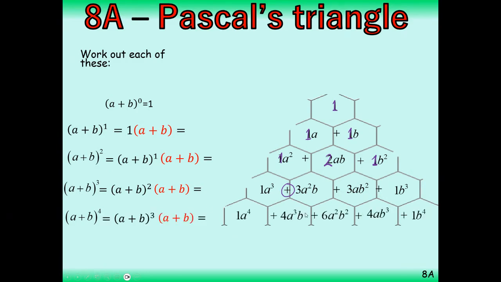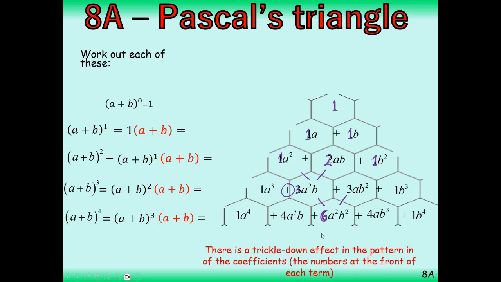Our work here is for you to understand that these coefficients match with the row above being added to each other. Why is it that this 1 and 2, the purple 1 and 2, add up to 3, and then this 3 and this 3 add up to 6? It's like a trickle-down effect, isn't it? If you understand what a trickle-down effect is, when raindrops drop into the lower layer one layer at a time.